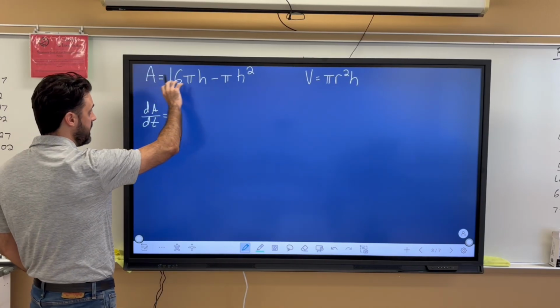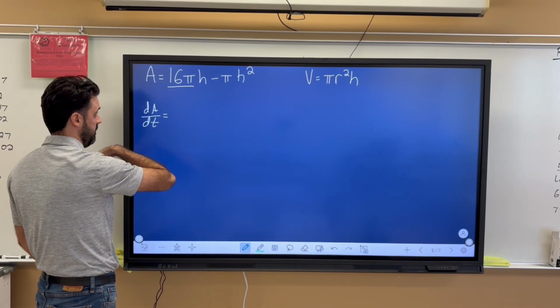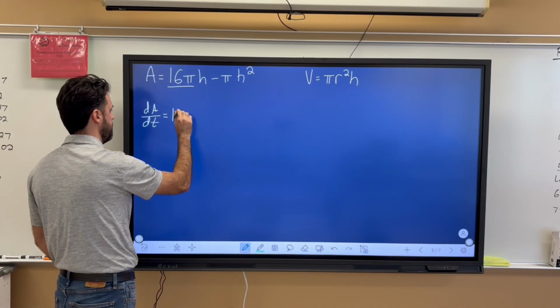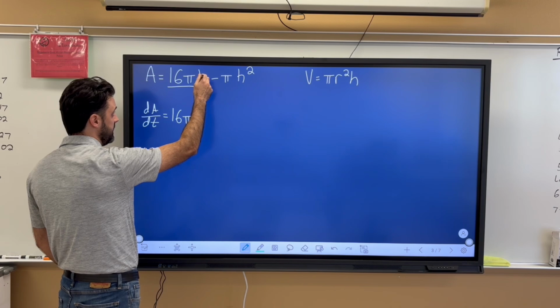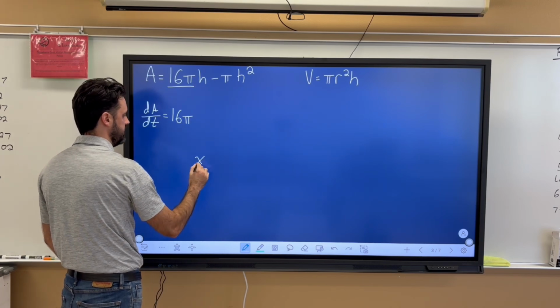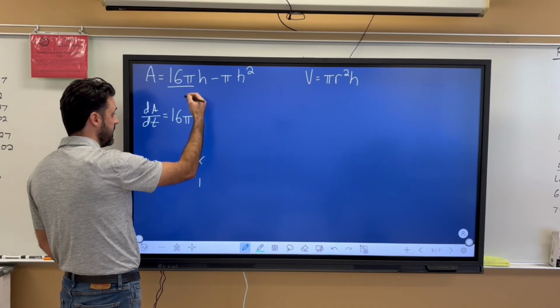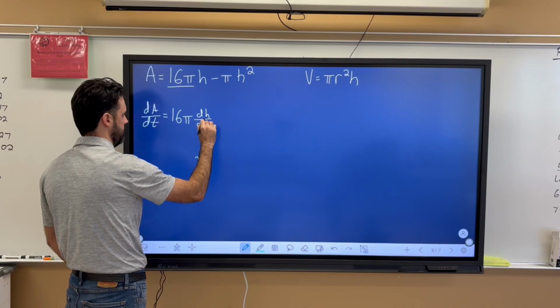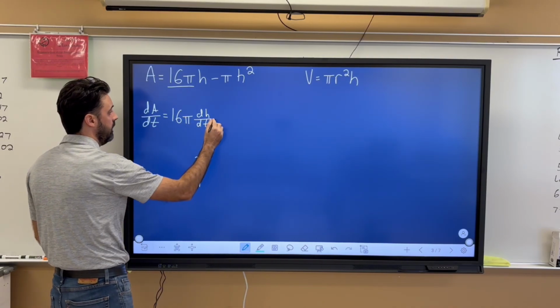Now, on the right-hand side of the equation, all of this is a constant being multiplied. So remember, you don't take the derivative of a constant being multiplied, you just bring it down. But h, think about that if it was just like x to the first, right? X to the first has a derivative of 1. So h has a derivative of 1 times dh dt. All right, that's the derivative of our first term.